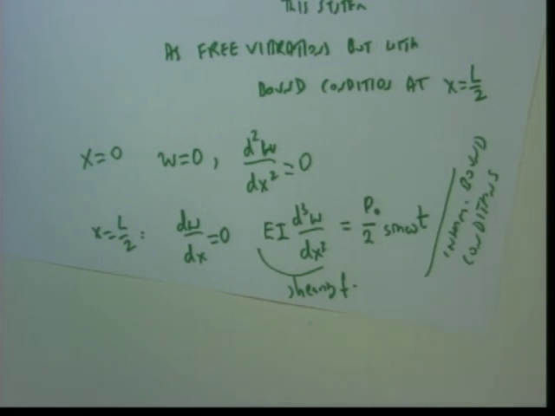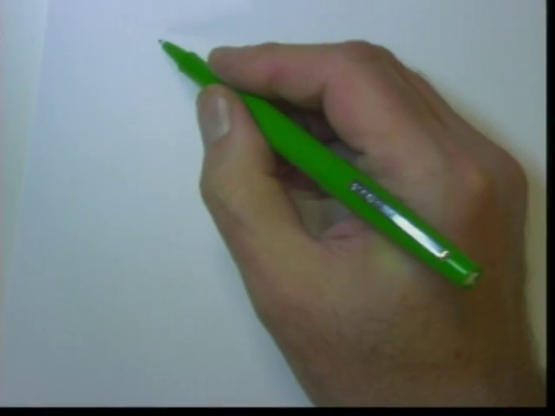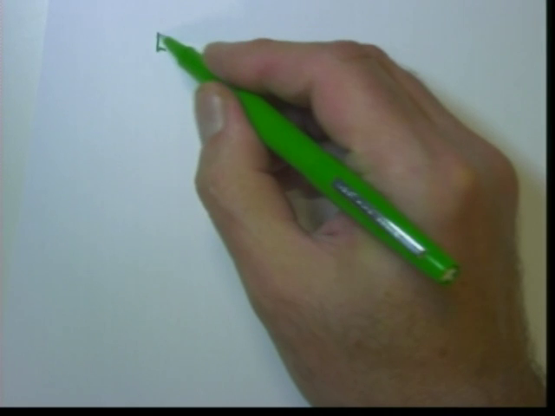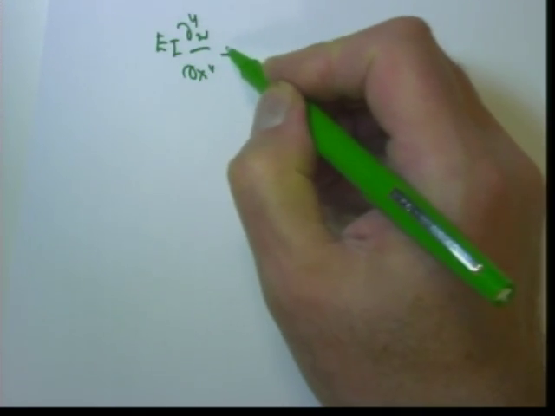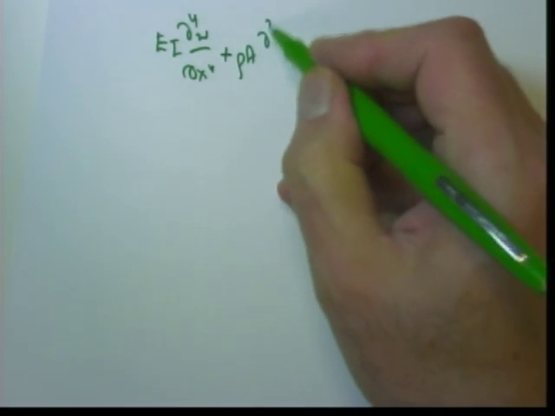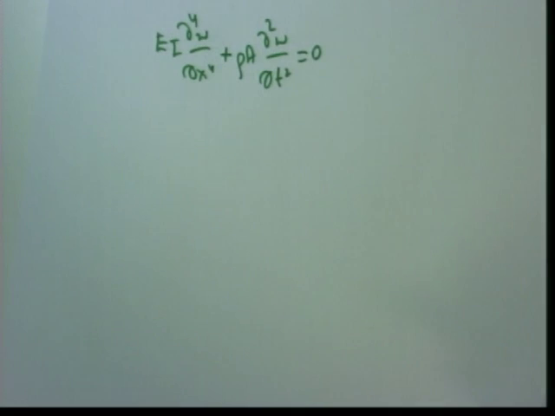Okay, so therefore, I actually deal with the following problem. Look, please: EI d4w/dx to the fourth power plus rho A d2w/dt squared equals 0.